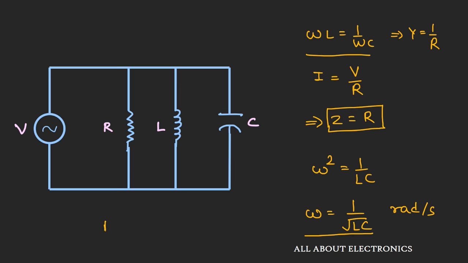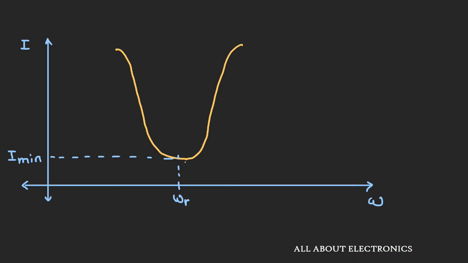Or simply, in terms of the frequency, F is equal to 1 over 2 pi under root LC. So this is the equation for the resonant frequency, and at this resonant frequency the current flowing through the circuit is nothing but V over R. That means the circuit will be a purely resistive circuit.